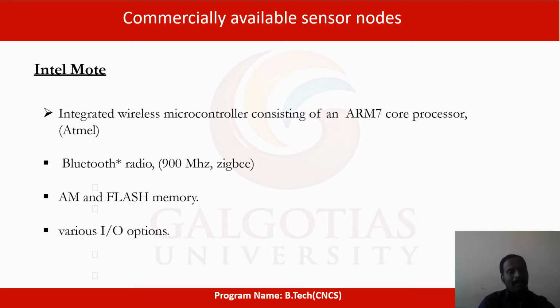This Intel mote is an integrated wireless microcontroller. It consists of an ARM7 core processor, Bluetooth radio, and its range is 900 megahertz. SRAM and flash memory are used in the Intel mote, and various input output operations are supported.